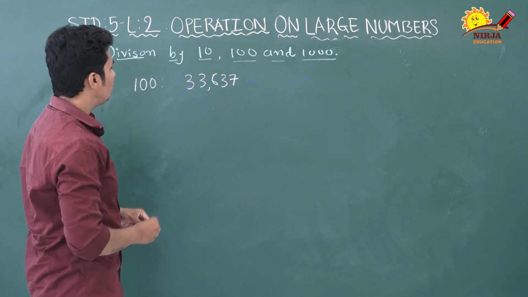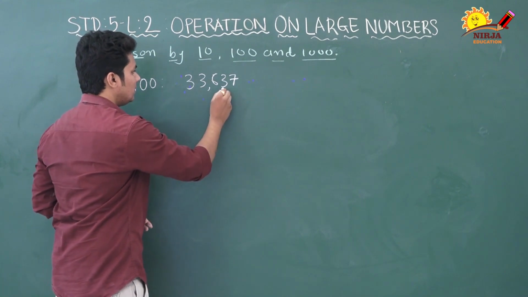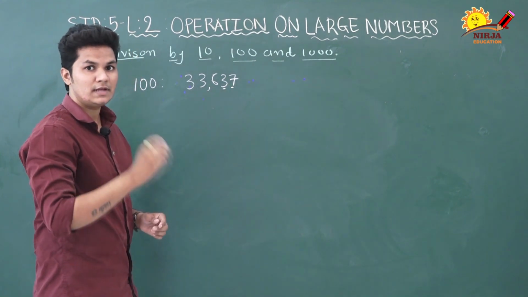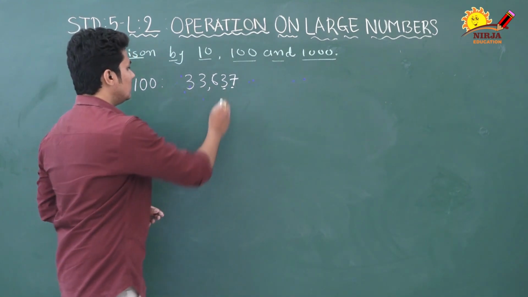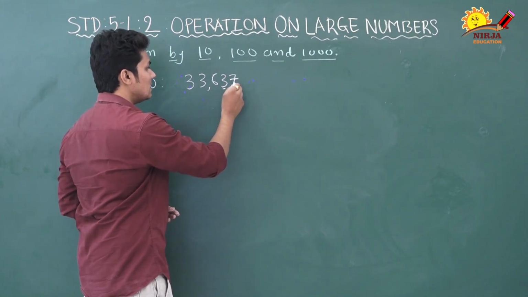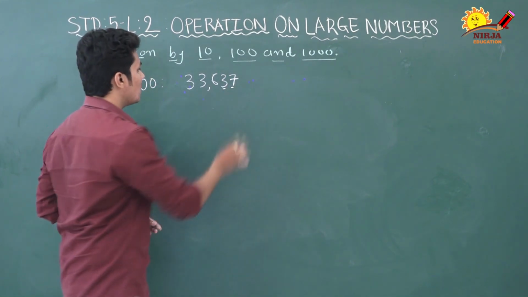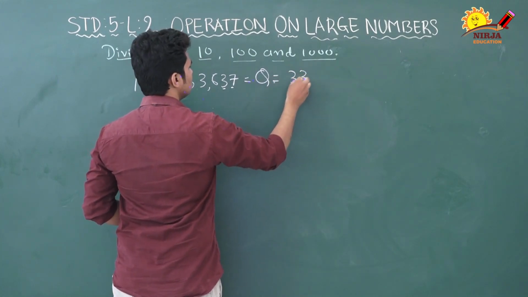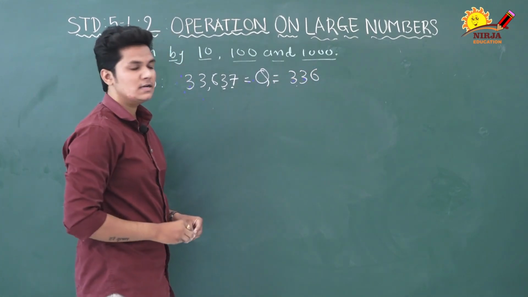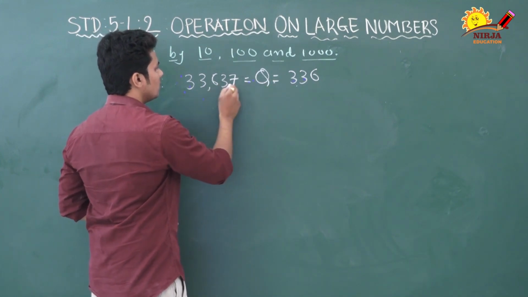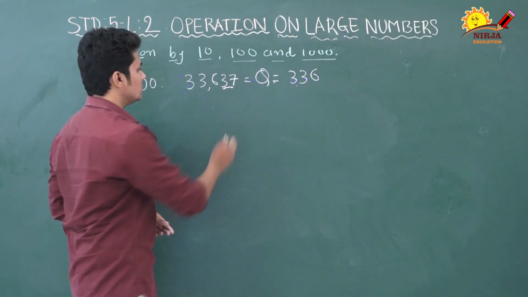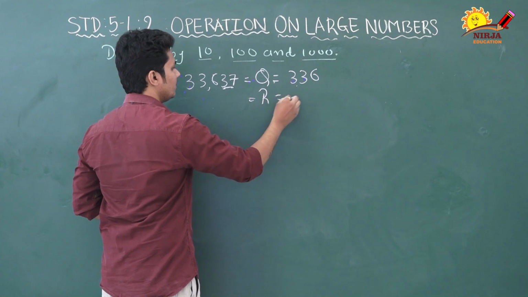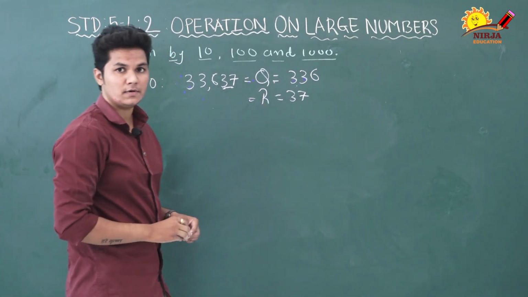So we will write this number without the tens and ones digits. So, the quotient is 336, and the remainder is 37.